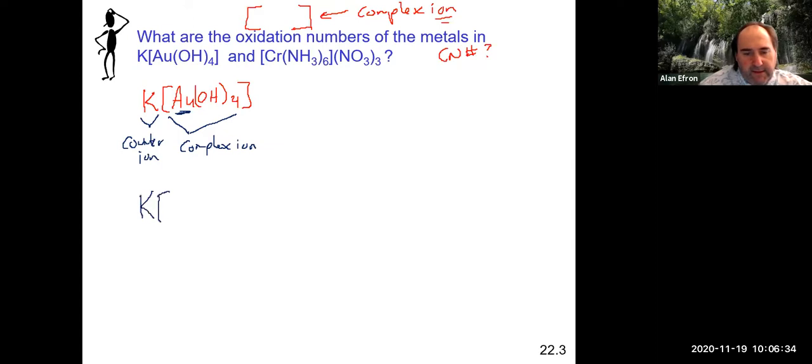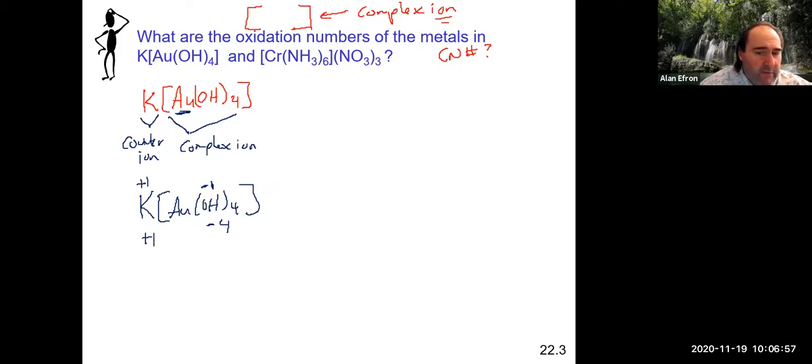if we look at it here, we have hydroxide, which is -1, and there are 4 of them, which gives us a -4. Coming out on the outside, we have a potassium, which is normally +1. So we have -4 and +1.